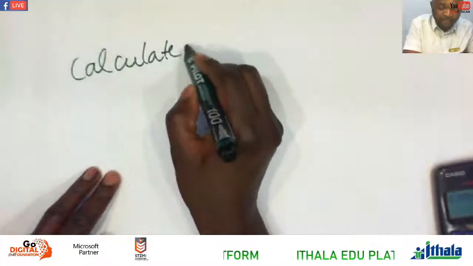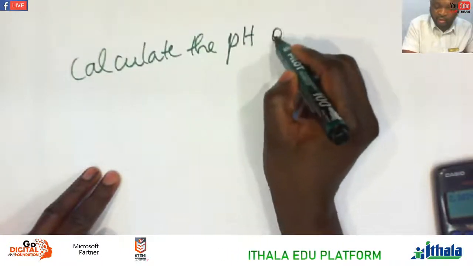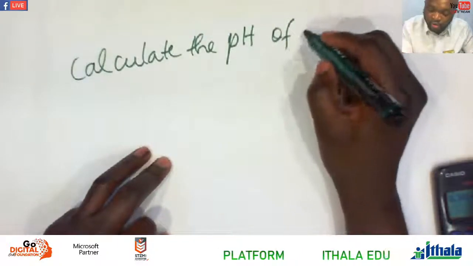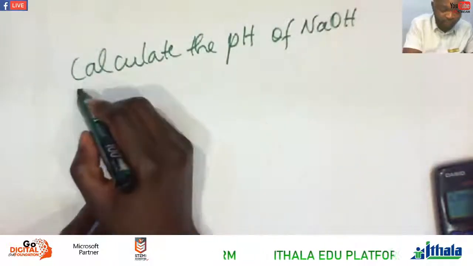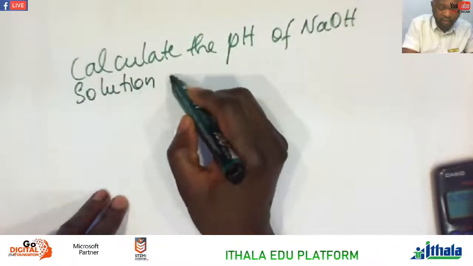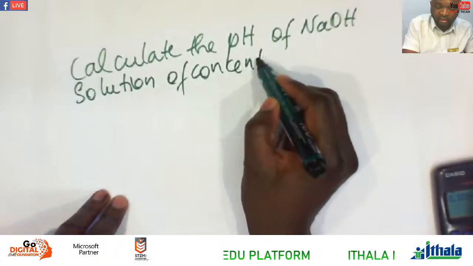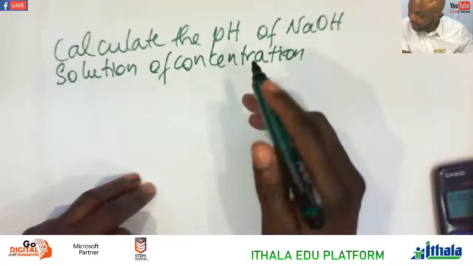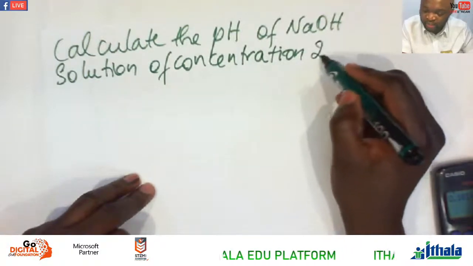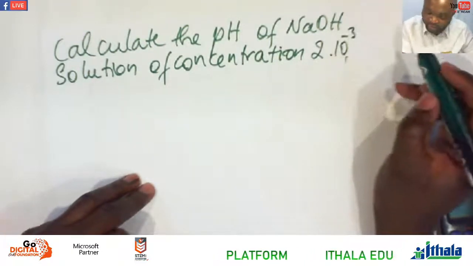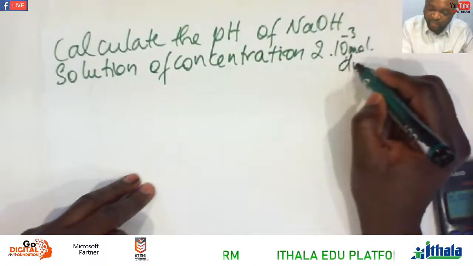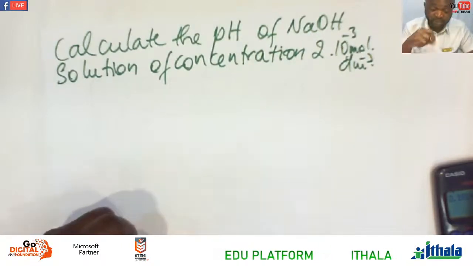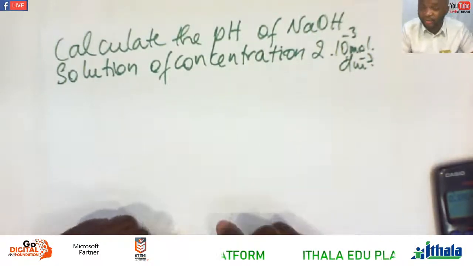Calculate the pH of that solution lana of sodium hydroxide solution, right, of a concentration 2 times 10 to the power negative 3, right, mole per decimeter cube. Right. Now to calculate a pH, a base. The base that we are given here ubani sodium hydroxide.